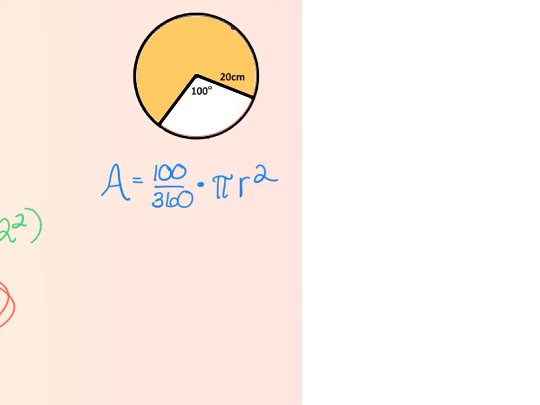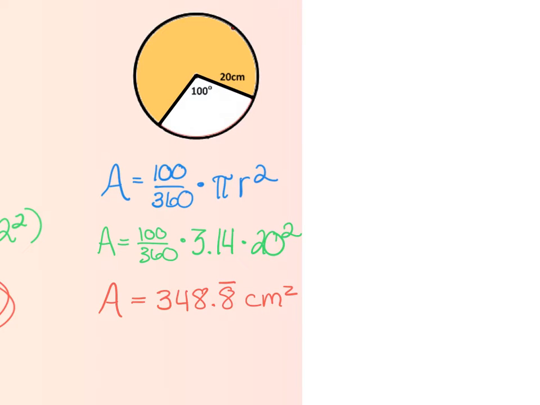So for this last one, we had 100 out of our 360 times pi r squared. So substitute in for your radius and for pi, and then finish it and see if yours matches mine. So you should have gotten this: 348.8 repeating square centimeters.